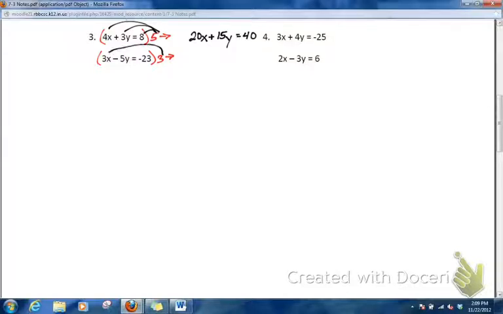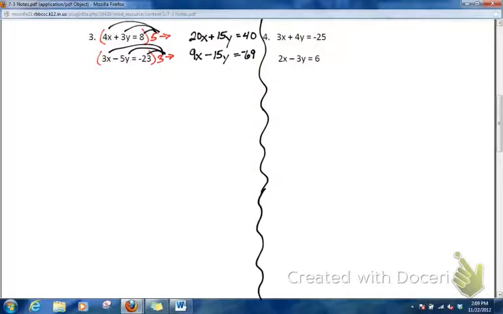And the bottom equation, I distribute the 3, I get 9x minus 15y equals, what is that, negative 69. Alright, so you have changed both equations, and in doing so, you made these 15y's opposites, positive 15y and a negative 15y, so these should be ready to cancel.